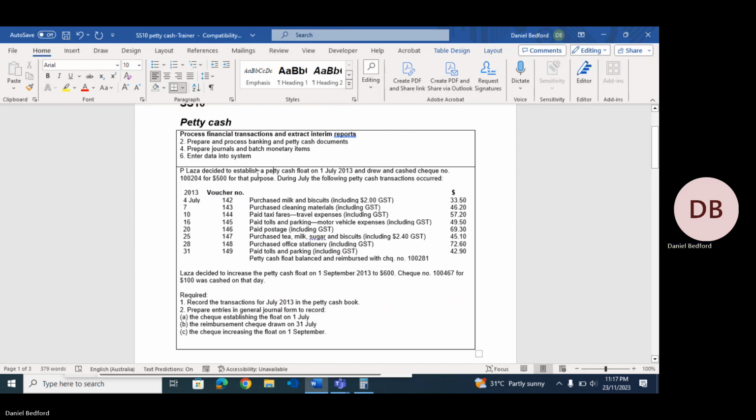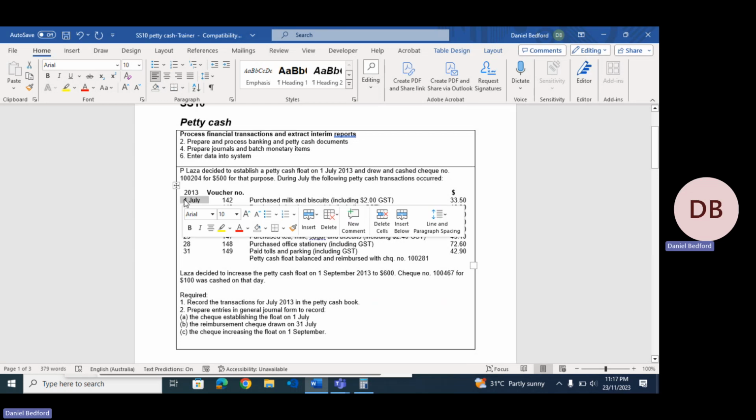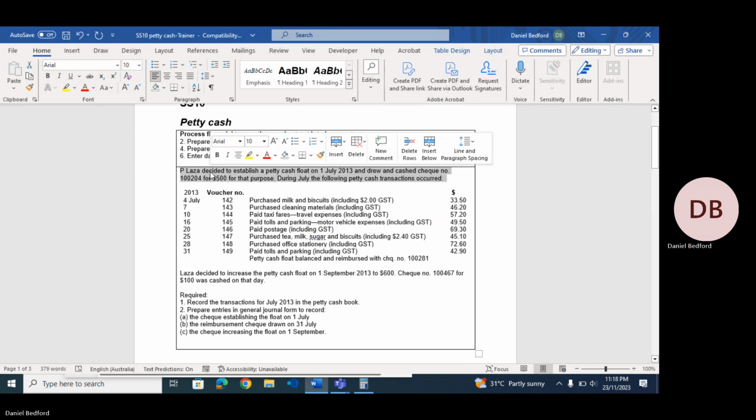Coming back, we start with the very first transaction, which is not this one, it's this one, on the 1st of July, and that was the $500 to create the petty cash float.